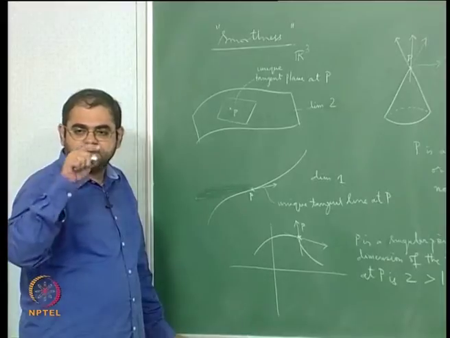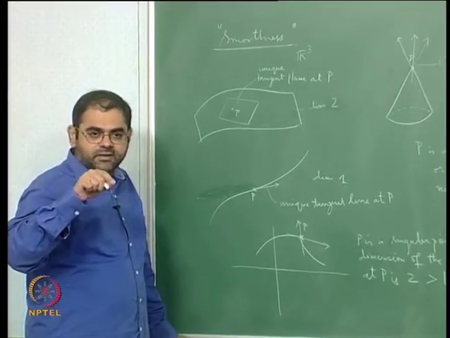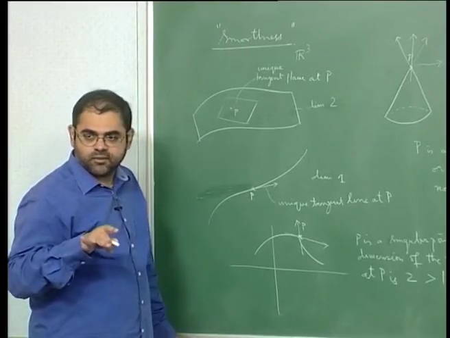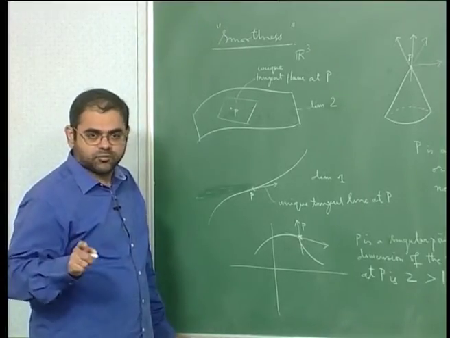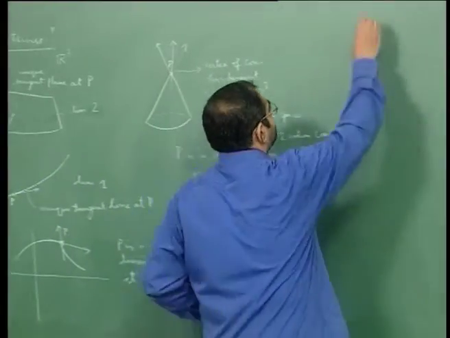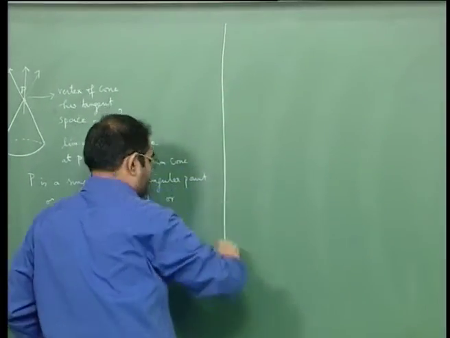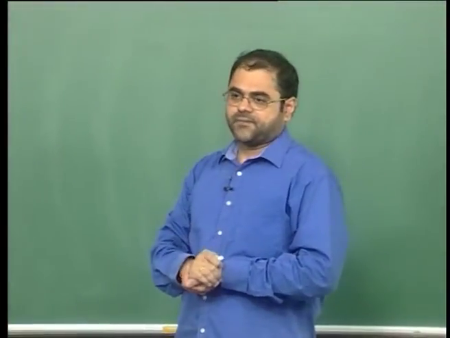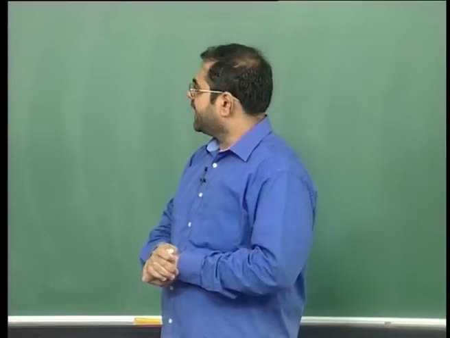What you do is that you check the dimension of the tangent space at that point. If it is strictly greater than the dimension of the space on which the point lies, then it is not a smooth point. If it is equal, then it is a smooth point, okay. So this is the idea, at least from calculus and geometry, usual analysis, okay.